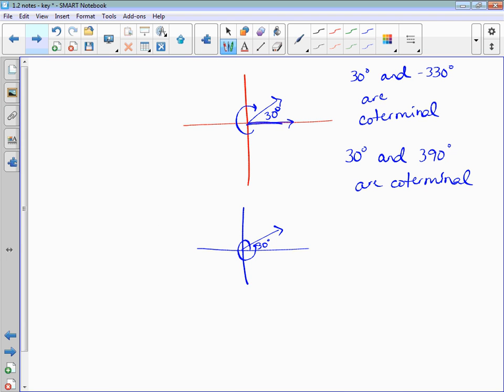So I had 30 and I had 390. Do you think I could go around again? Yeah, you could just keep adding 360, adding 360. So there's an infinite number of coterminal angles. You could go backwards a whole nother circle. Okay, so unlimited answers for these. Usually you just find the one that's closest, but you could find others.